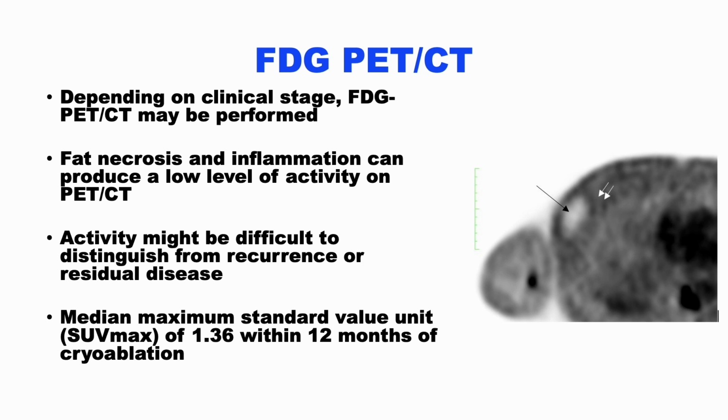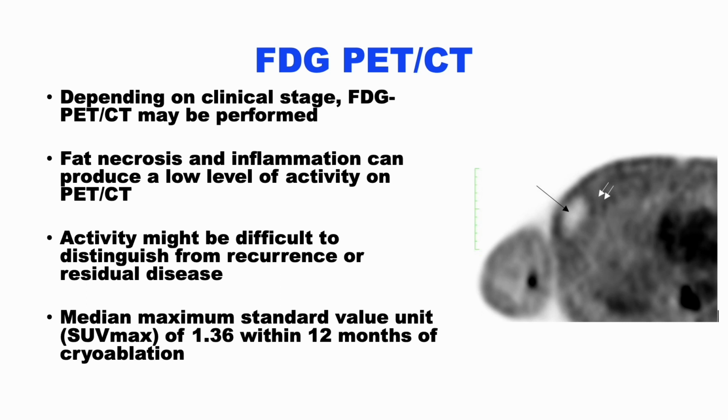Among patients undergoing PET-CT within 12 months of cryoablation, one study reported a median maximum standard uptake value, that's SUV max, of 1.36. In general, the SUV max was significantly higher in young women, significantly higher in premenopausal women, and also higher in women with high breast density.